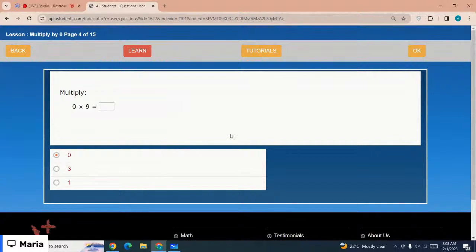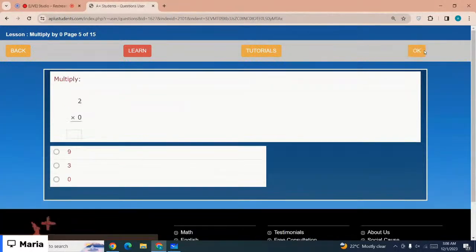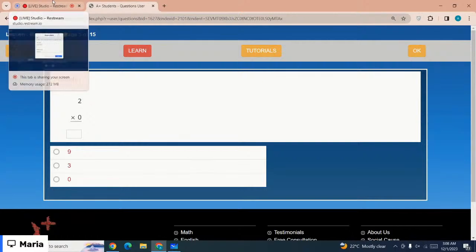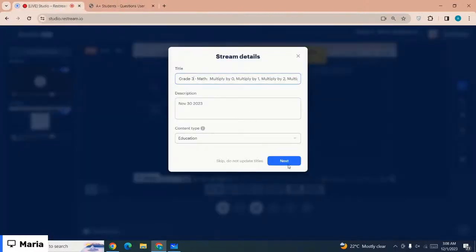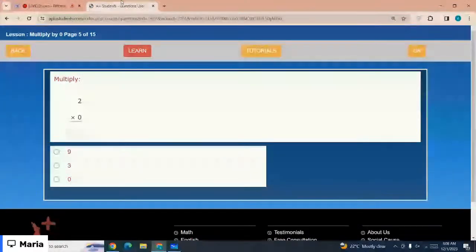The correct option is 9. 2 times 0 equals, yes, the correct option is 0. 2 times 0 equals 0. So any number you multiplied with a 0, the answer is always a 0, right?